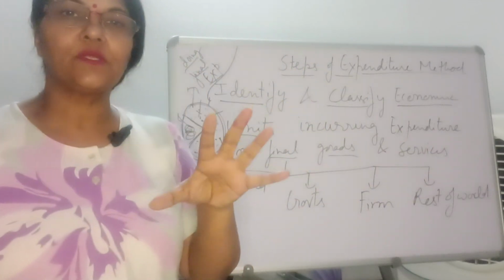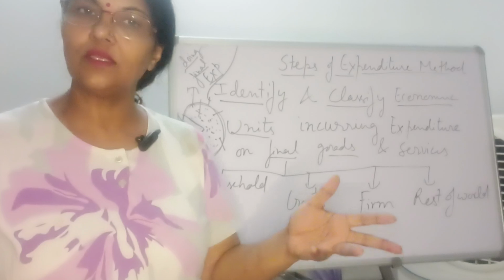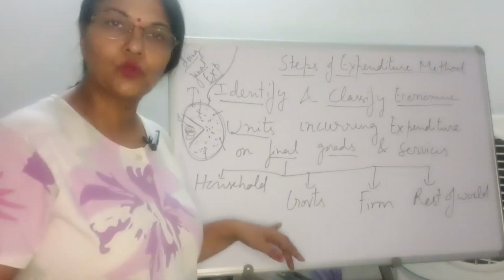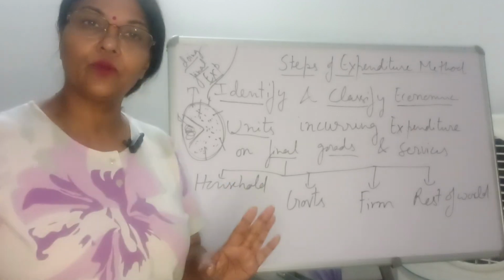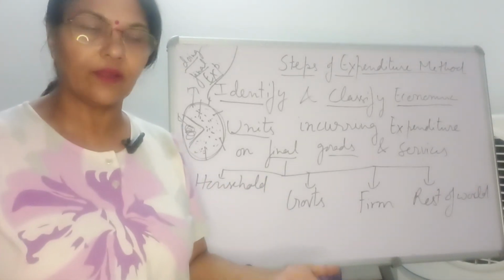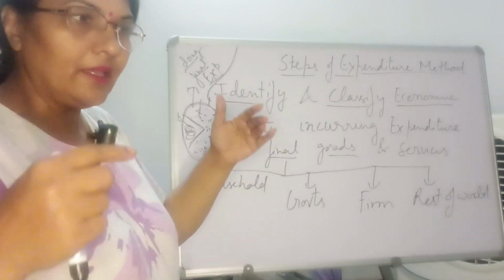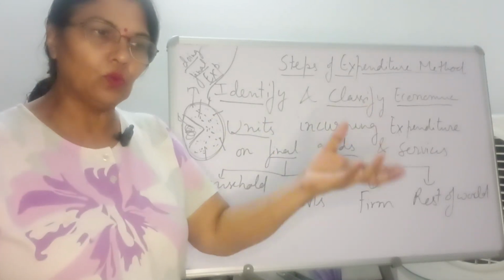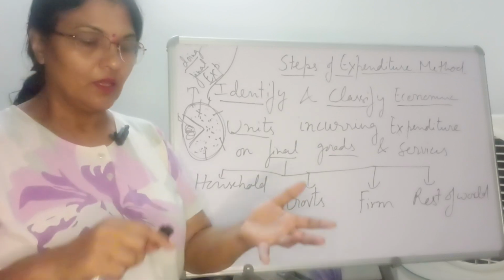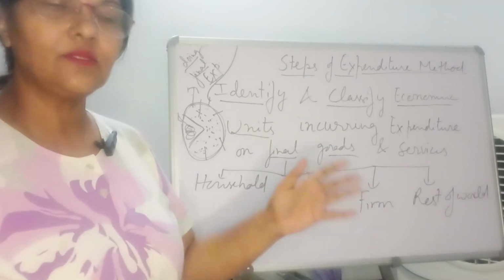वो कौन से ग्रुप्स हैं जो कि एक्सपेंडिचर करते हैं किस पे? फाइनल गुड्स एंड सर्विसेज पे. पहला है हाउसहोल्ड. Household sector demands consumption goods, which are final goods, for the direct satisfaction of their wants. Like मैं सुबह से इवनिंग तक पूरी लाइफ क्या करती हूँ? डिमांड फॉर कंजंप्शन गुड, नॉन ड्यूरेबल, सेमी ड्यूरेबल, yesterday I explained to you, durable and services.